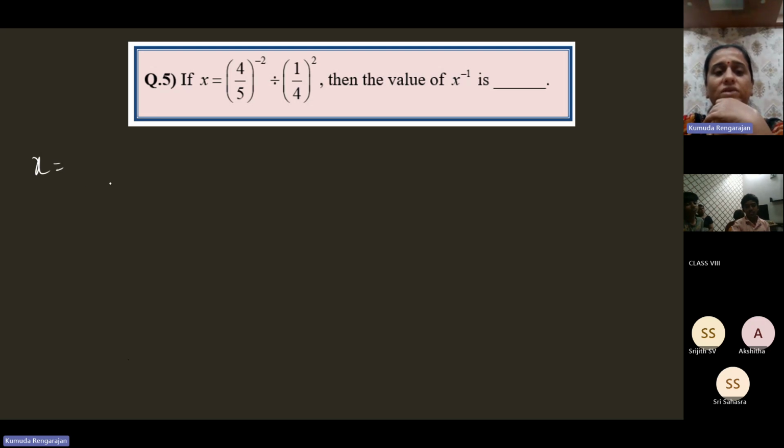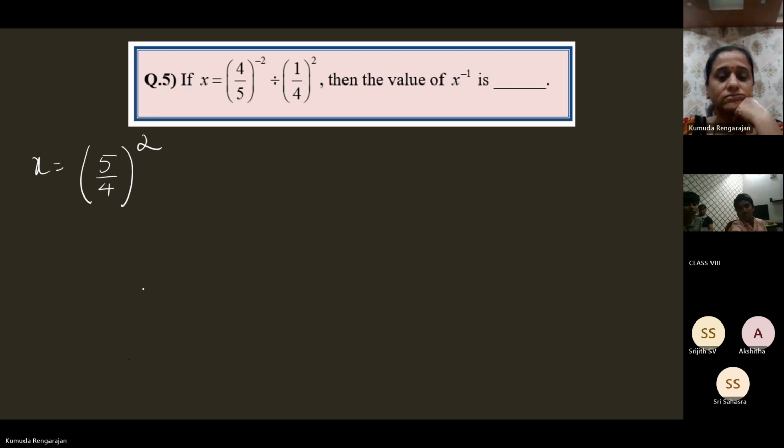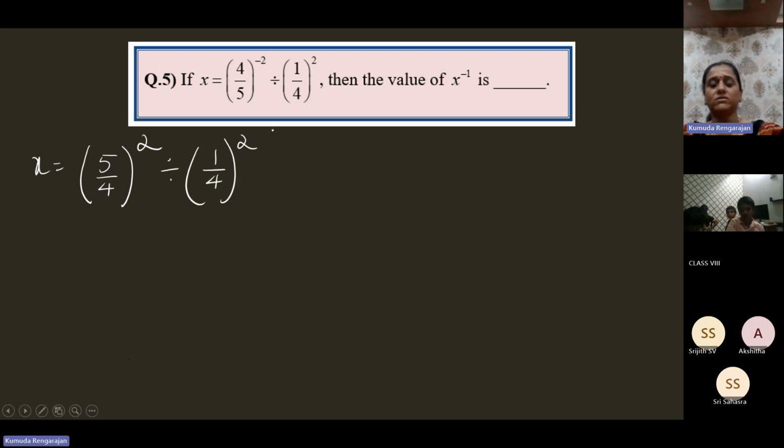So I write the equivalent of the first term, 4 by 5 to the power minus 2. I want the power as 2, so I take the reciprocal of the base and the negative of the power. 5 by 4 to the power 2, divided by 1 by 4 to the power 2.